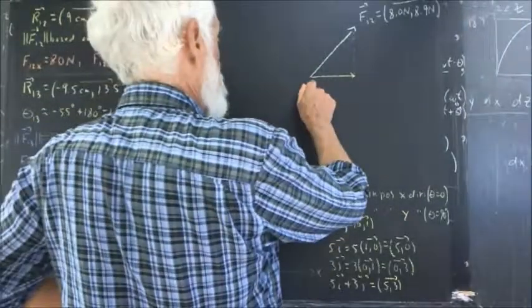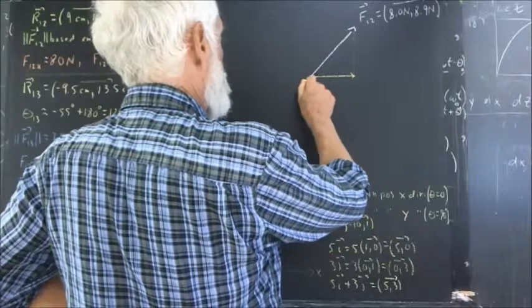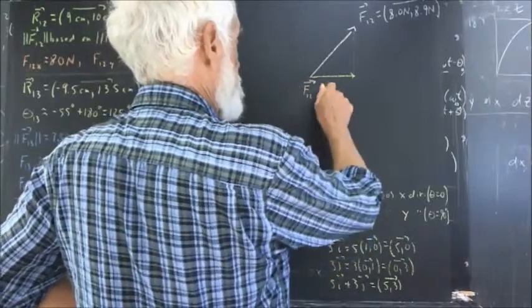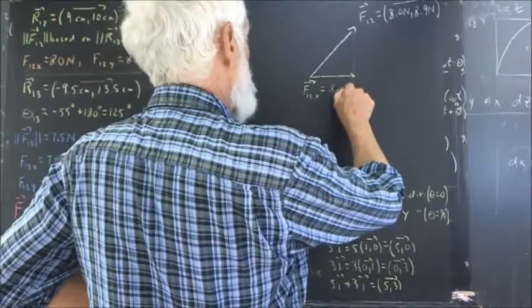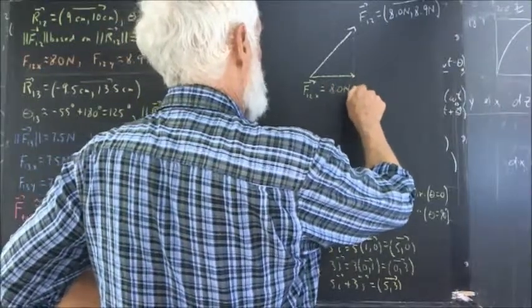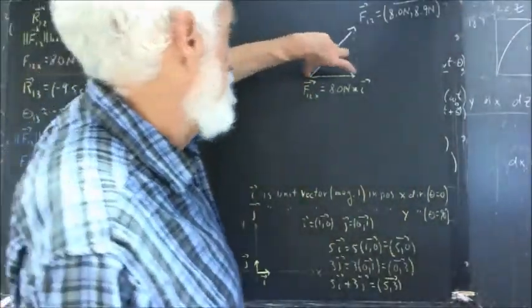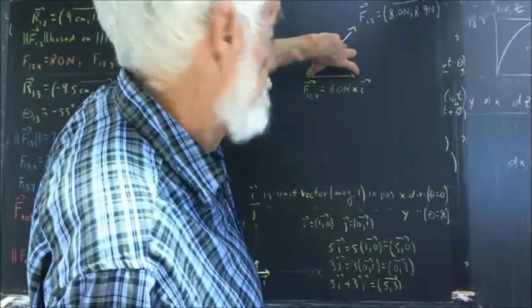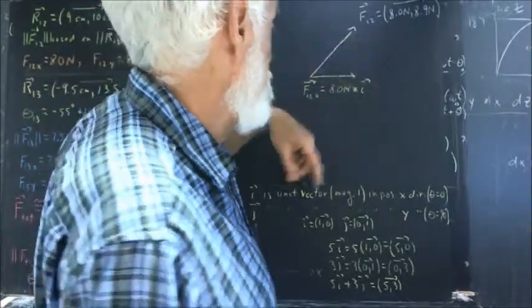So I'm going to say that now vector F12x is 8.0 newtons times the I vector. So instead of just a magnitude of 8.0 newtons here, we've now got a vector. It's 8 newtons times the I vector.